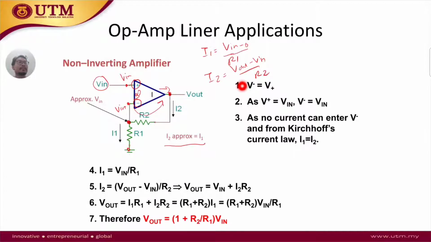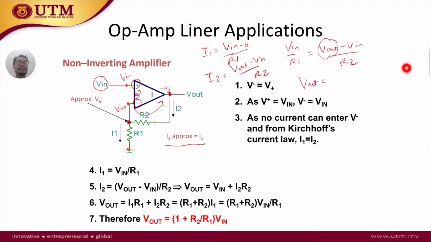Okay, so if we equate these two together, we have Vin over R1 is equal to Vout minus Vin over R2. Then we can derive the Vout value.